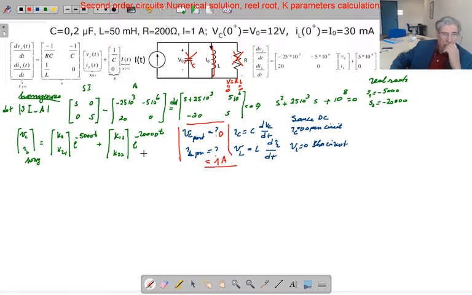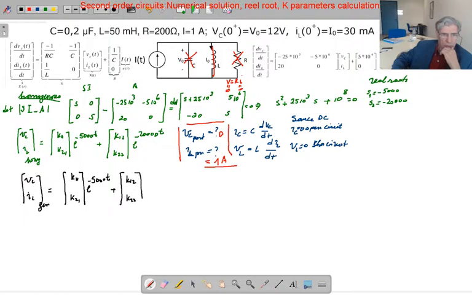So I can write now, maybe write it in black color. VC, IL general is equal to K11, K21, e to the power minus 5000 t, plus K12, K22, e to the power minus 20,000 t.